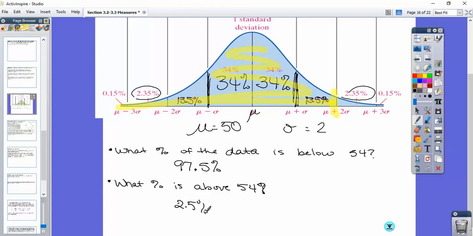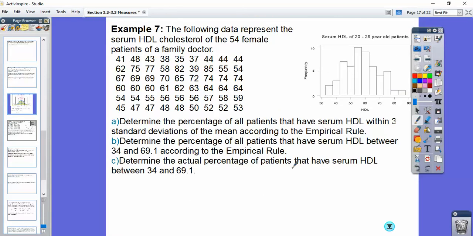Let's do some examples. The following represents cholesterol levels of 54 patients.